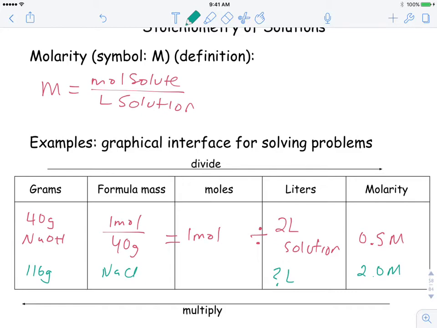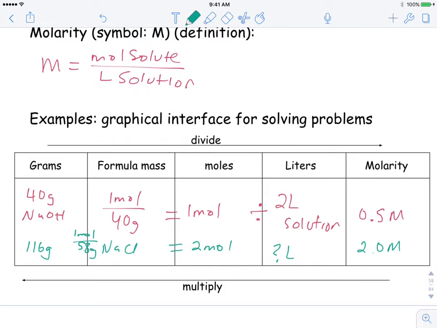The gram formula mass is approximately 58 grams per mole, so I have 2 moles. The molarity is 2, so if I plug it into my equation, I have 2 molar equals 2 moles over X liters. You could also do this with the factor label method, and so you would get 1 liter.